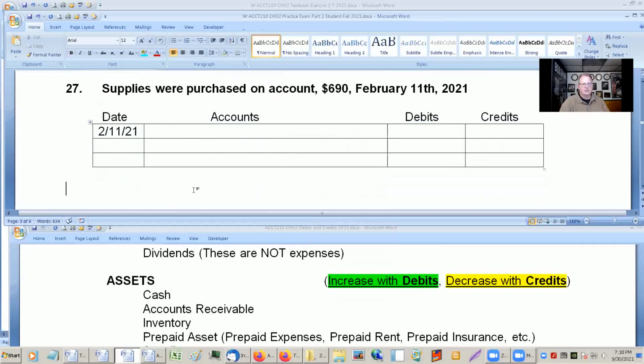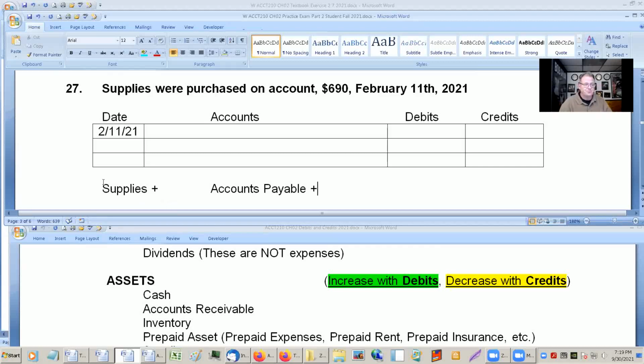Supplies are purchased on account. Supplies account and accounts payable. Is the supplies account going up or down? It will go up. And accounts payable? It will go up. That means we owe more money.